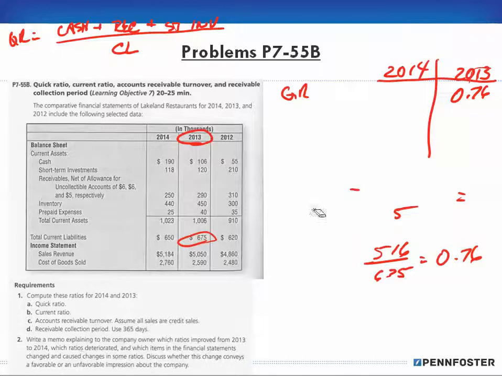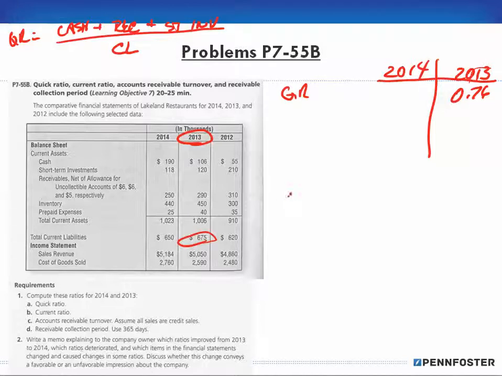Now for 2014, we're basically doing the same thing. I mean, most of this exercise is just going to be repetitive math. What's important is to know what we're talking about when we're dealing with the ratio. So I'll explain the ratios and just do the math really quick.